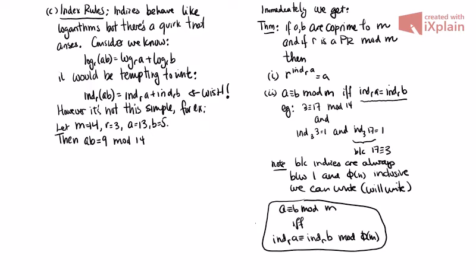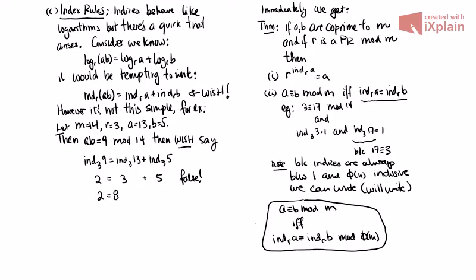So the wish statement would say that the index base 3 of 9 would be the index base 3 of 13 plus the index base 3 of 5. Now if you look up what those indices are, they're gone from this particular screen, but they're on the previous screen. This would say that 2 is 3 plus 5, and this is false. 2 is absolutely not the same as 8.